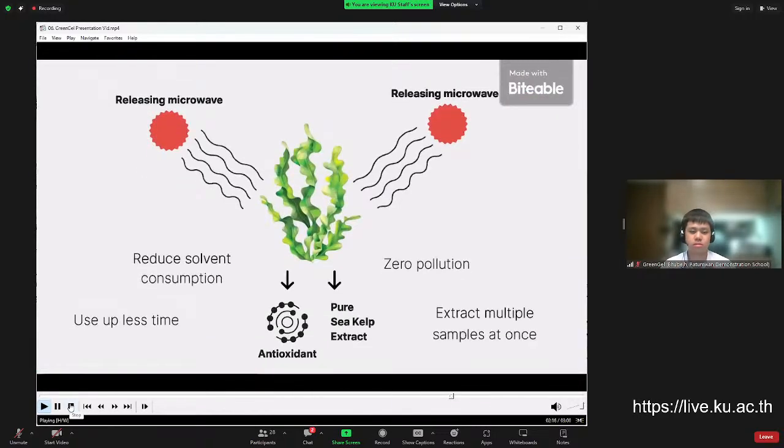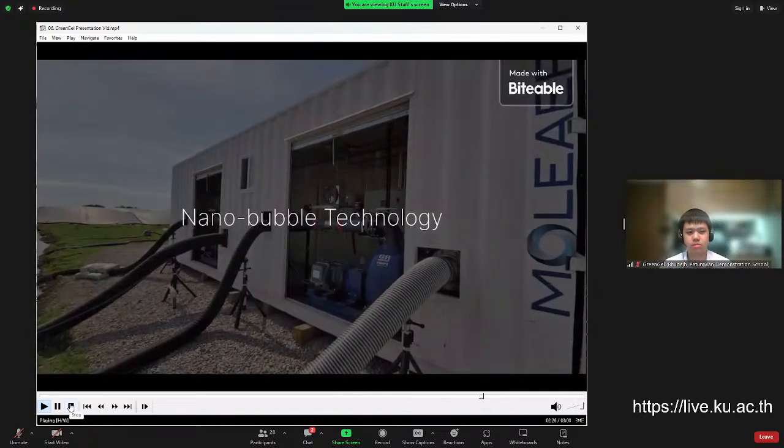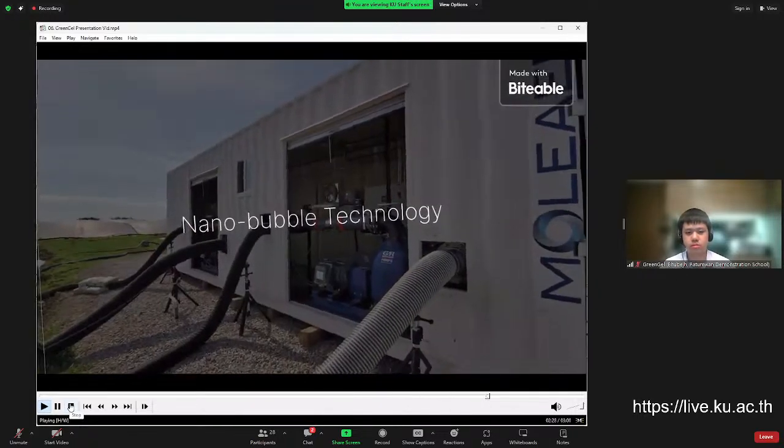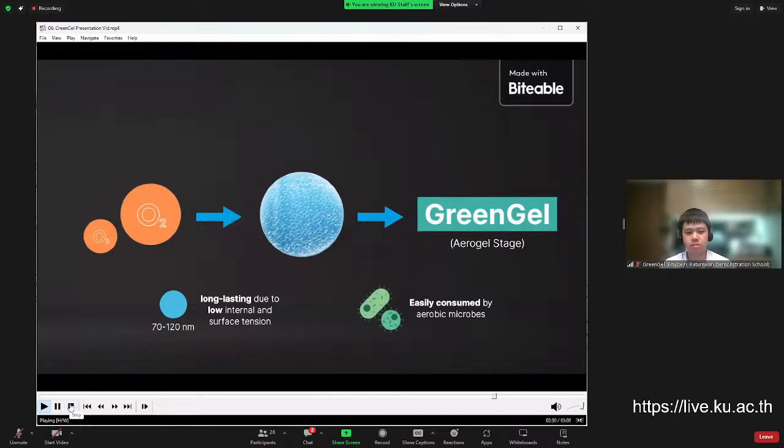MAE is a technique based on the use of the microwave energy to help the transfer from the solutes. In this case, we use it to transfer antioxidants out from the sea kelp gel. Nanobubbles are really small in size, smaller than a single grain of salt. They will be formed using oxygen and injected into the seaweed gel, turning it into the stage of aerogel, which they have really long-lasting.